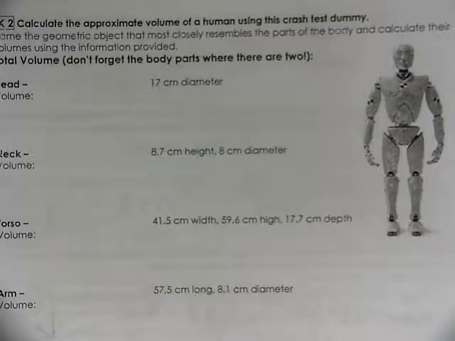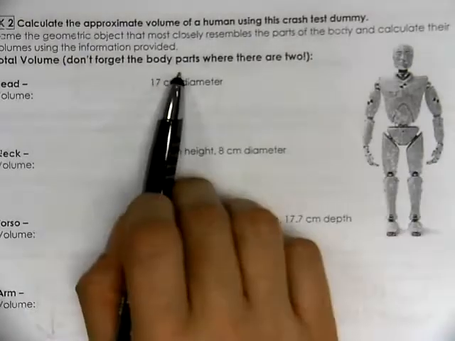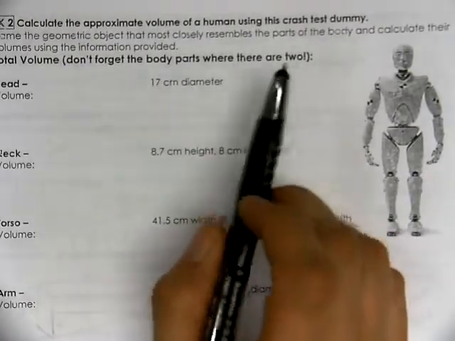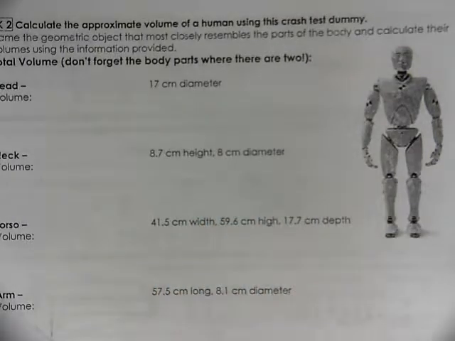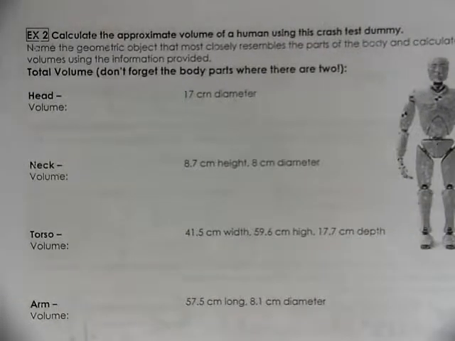So we're going to figure out the total volume. Don't forget the body parts where there are 2. Like there's 2 arms, 2 hands, 2 legs, 2 feet, that kind of stuff. So we're going to go through this and try to find the total volume of this guy. Everything is in centimeters.